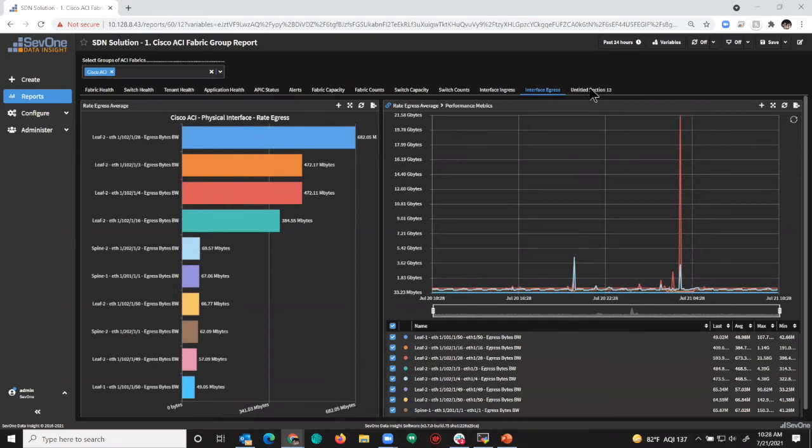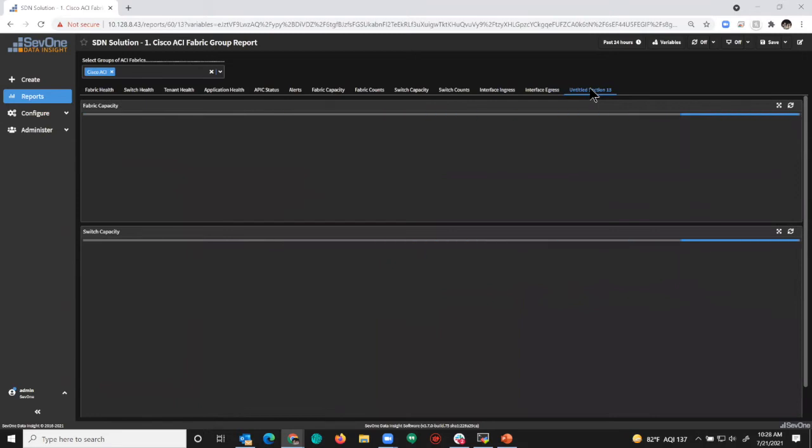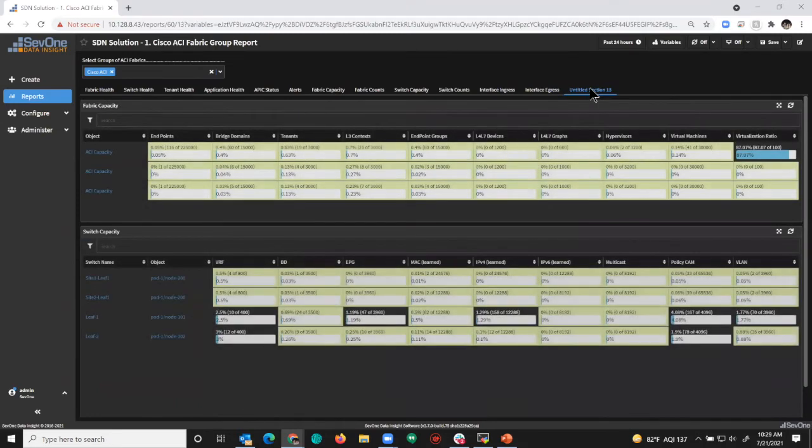So this gets into this whole idea of specific visualizations for solutions. So what you saw before was a typical performance management graph in SevOne Data Insight.